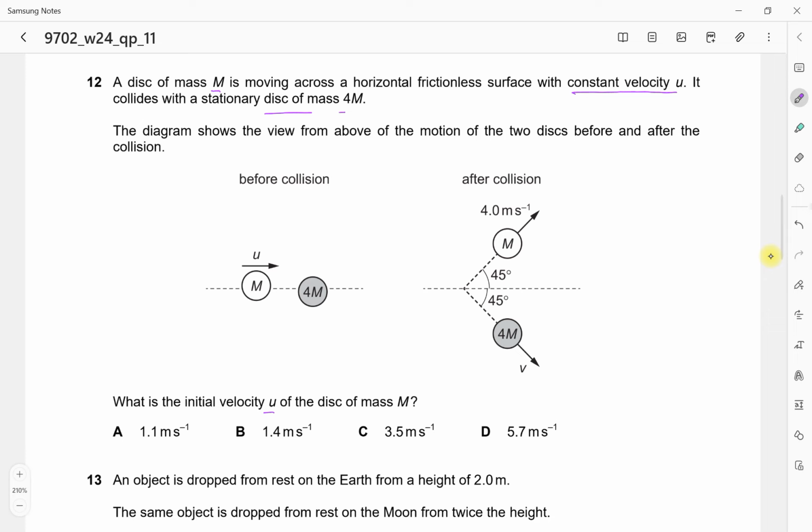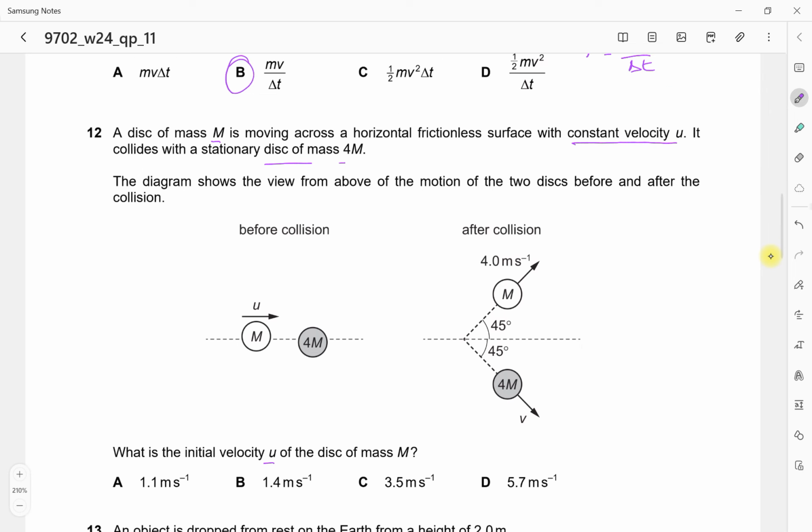First of all, I'm going to consider momentum in the vertical, and I find v. Then I consider momentum in the horizontal to be able to find u. By conservation of momentum in the vertical: total momentum before collision in the vertical was 0 because the mass was moving horizontally.